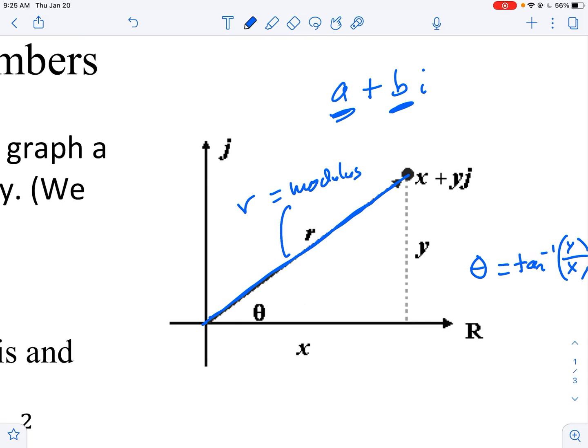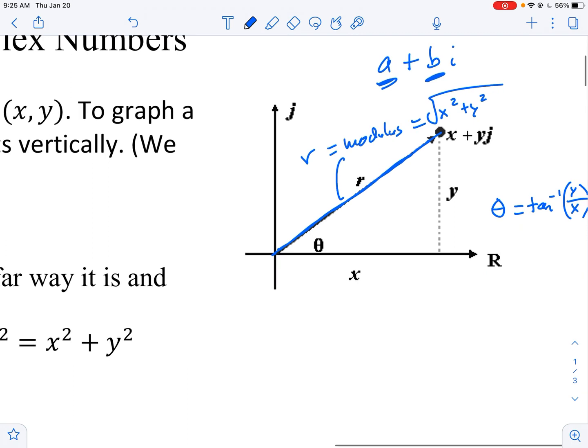Oh yeah, sorry, I forgot to mention that the modulus here is just x squared plus y squared, and then you square root it. And so you can get those two bits of information pretty easily. We did that last time with polar coordinates, but we're going to do it this time with complex numbers.